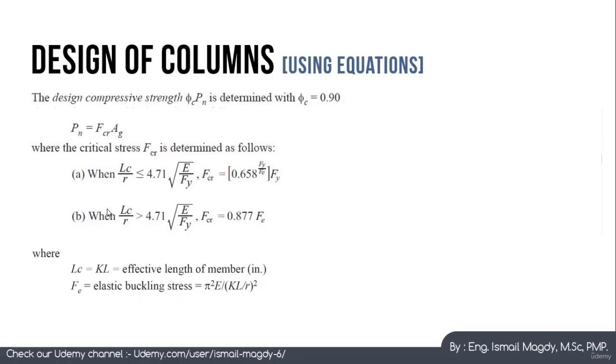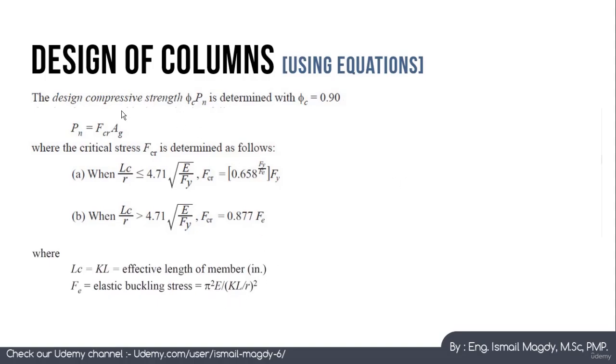And in the second case, if Lc over r, which is the slenderness ratio, is more than 4.71 root E over Fy, then F critical will equal 0.877 Fe, where Fe is the elastic buckling stress, calculated by this equation: pi squared E over (KL over r) squared.